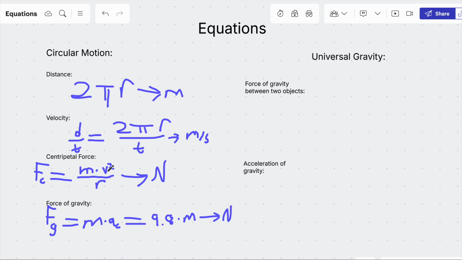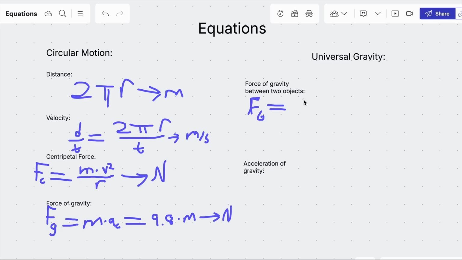I have a document typed up with all the stuff in it that probably looks a little better than this. So, universal gravity. For the force of gravity between two objects, this is where we get varied gravity, and we're not using the other force of gravity. This will be F, okay, F of big G. I use big G for variable gravity, little g for normal gravity.